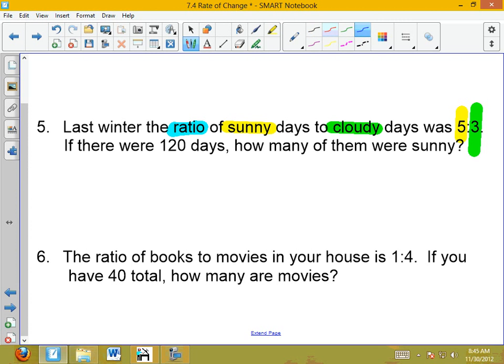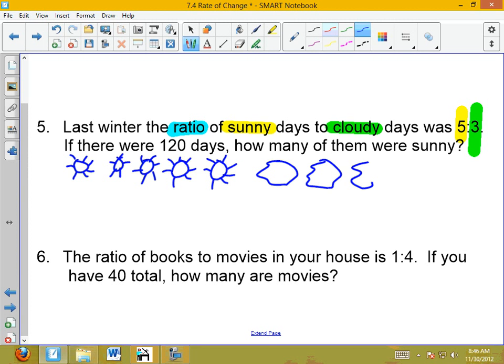last winter, you had 5, on average, you had 5 sunny days. 1, 2, 3, 4, 5, and you had 3 cloudy days.